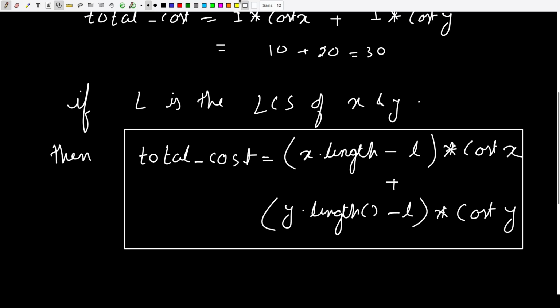So that's the whole idea, folks. And now as you can understand, the important concept which we need to understand from here is how do we compute LCS optimally. So let us look at the algorithm for computing LCS optimally.